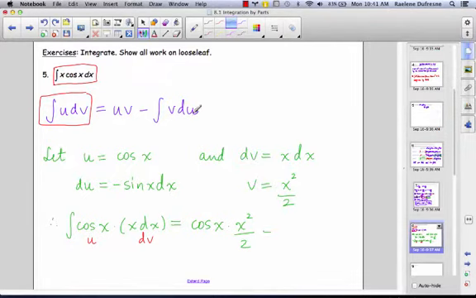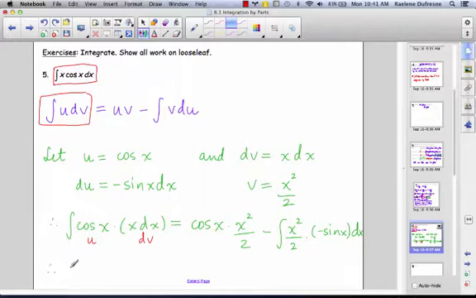However, the next term on the right-hand side still involves working out an integral. So we have the integral of v times du. So we have v is x squared over 2 times negative sine x dx.